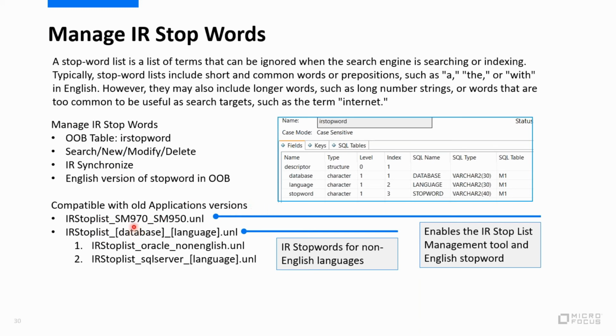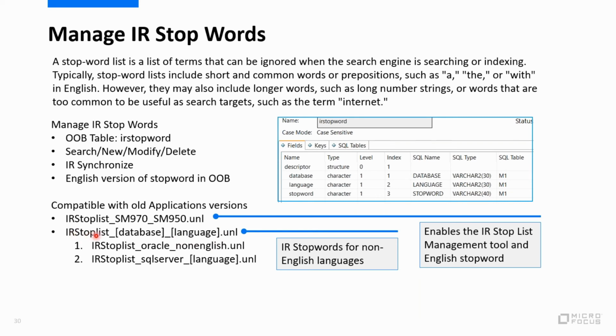So when the customer upgrades the binaries to SM 9.70, but their application is still on, for example, SM 9.50, they can import this unload file, which enables the IR stop list management tool and the English stop words.